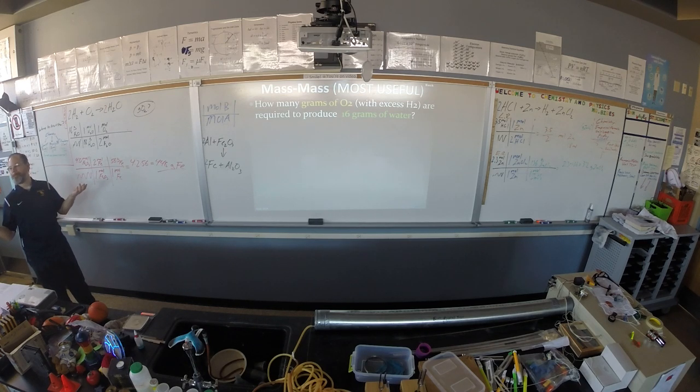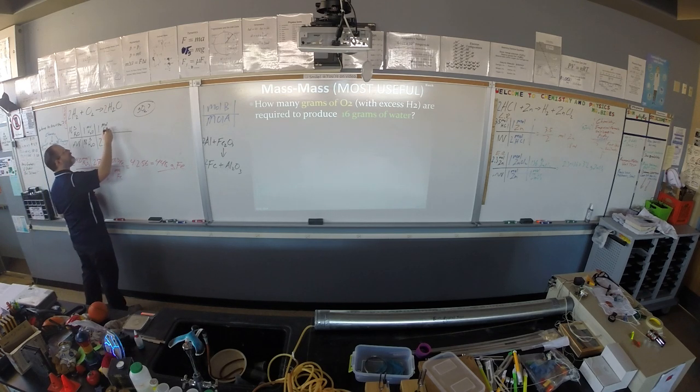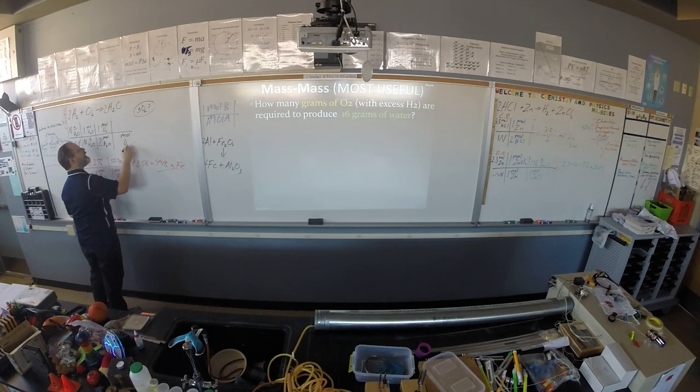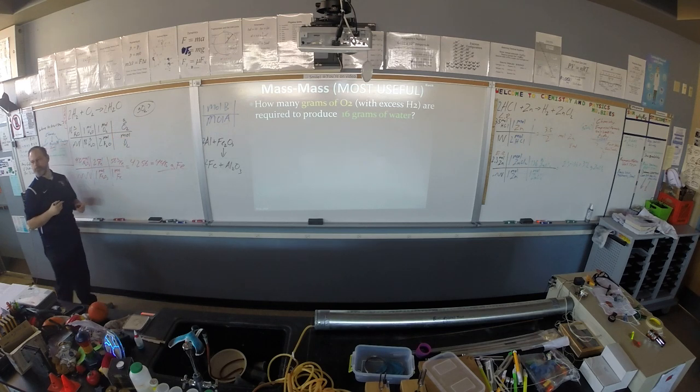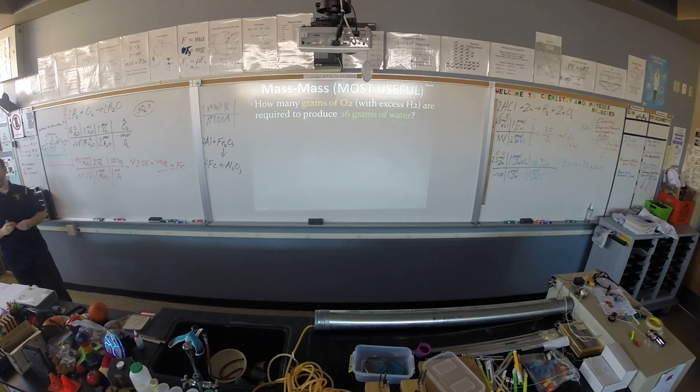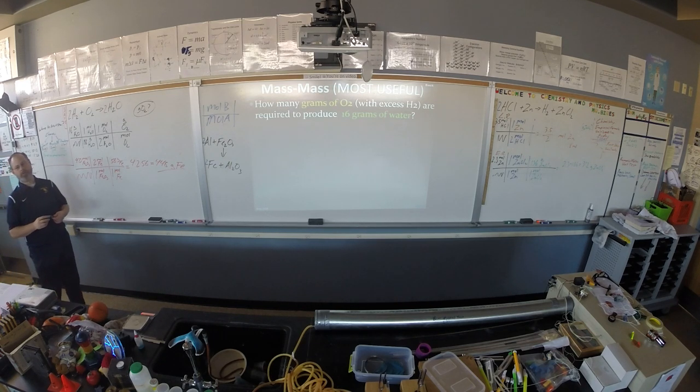Am I done? No, I'm not. I'm really close. The unit I have is moles O2, and the unit I want is grams of O2. This feels like something I should be able to do. Where would this conversion come from? Periodic table. Or Alexa.